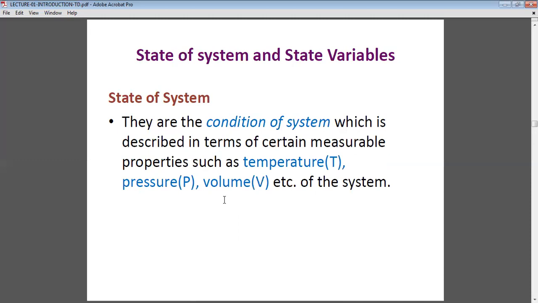We have to mention that the body maintains some temperature, pressure, volume, etc. So these variables are the measurable properties of the system, and these properties are used to define the state of the system. These are called the state variables. Temperature, pressure, volume, etc. are called the state variables, and they are used to define the condition of the system.